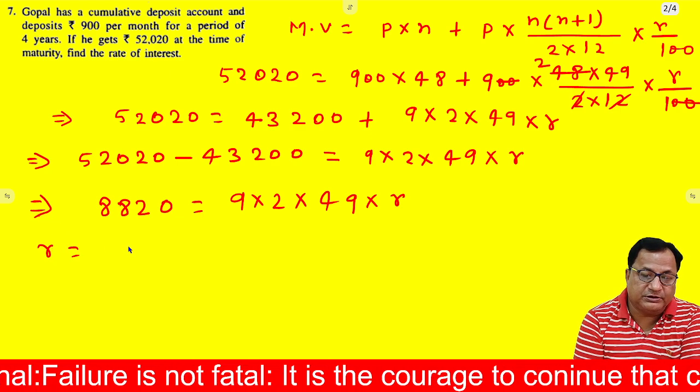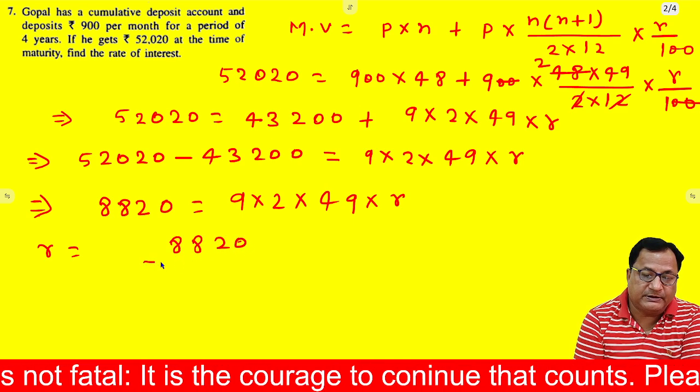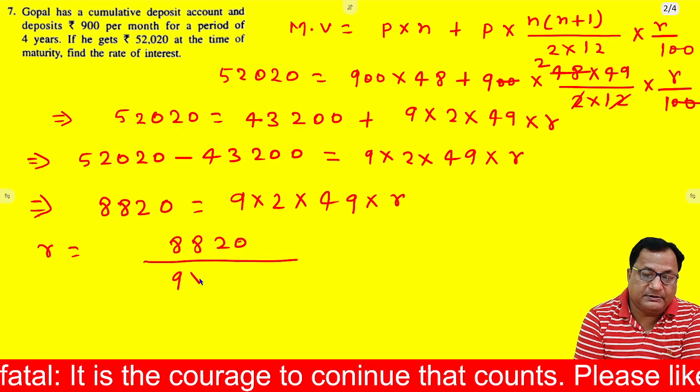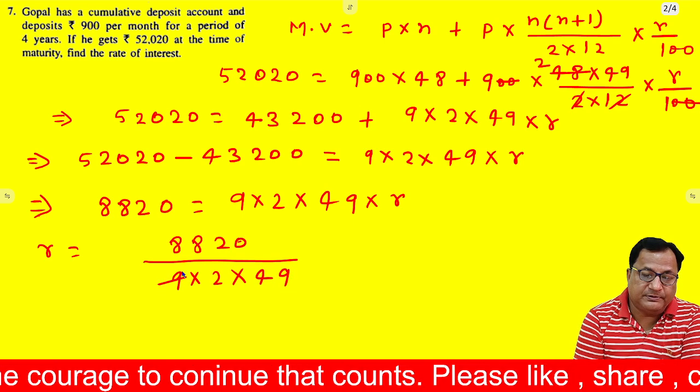So R is equal to 8820 divided by 9 into 2 into 49. It will cut by 9.